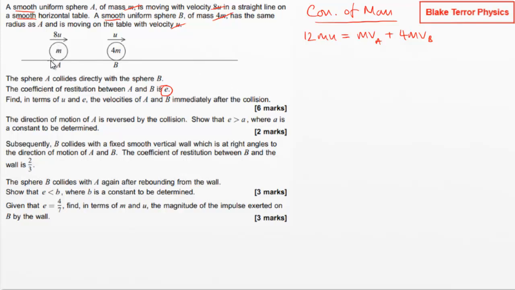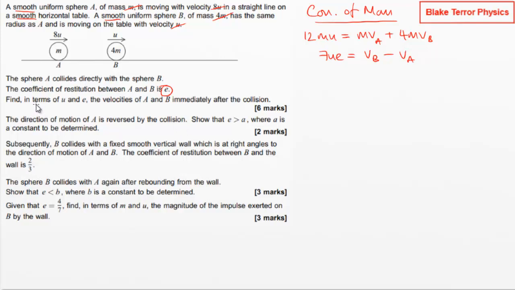Speed of approach, that's dropping B down to 0 before the collision, so we're taking U off. So we've got 7U. If we multiply that 7U by the coefficient of restitution, then we get the separation speed. The separation speed is going to be the thing at the front, VB, minus the thing at the back, VA. That's what they're going to be separating, the separation speed after the collision.